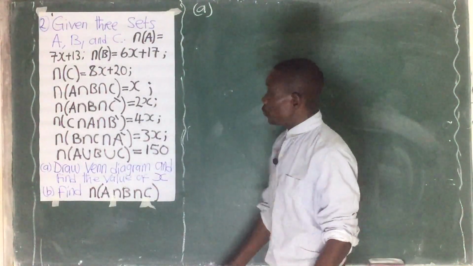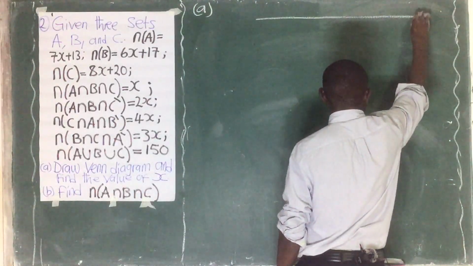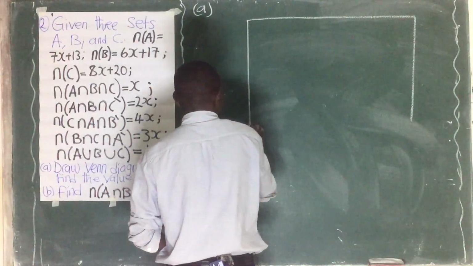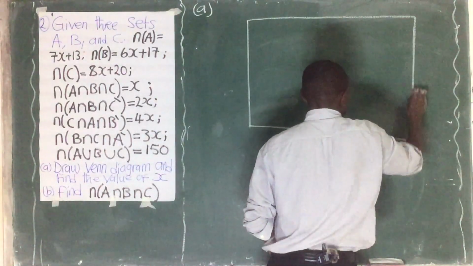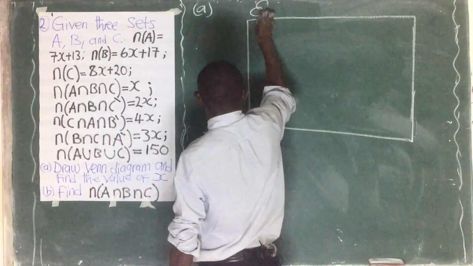What comes to our mind first is the representation of the universal set, which comes in something like this. We write it here on top like that.